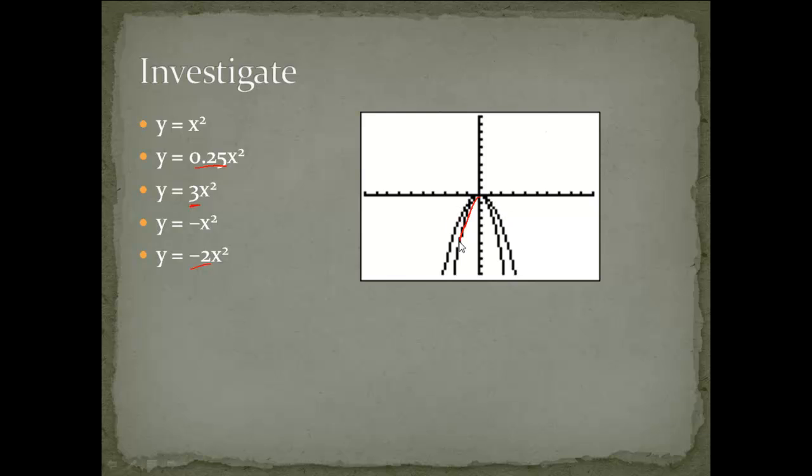And here's the graph we just got when we put a negative 2. So be thinking about, what does the number out in front do to my parabola? Our next one and our last one that we're going to look at is what happens when I put negative 0.5. So when I put that graph in here, negative 0.5 comes out here like this.